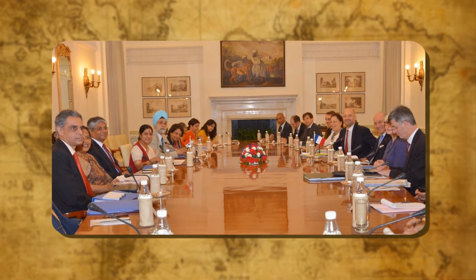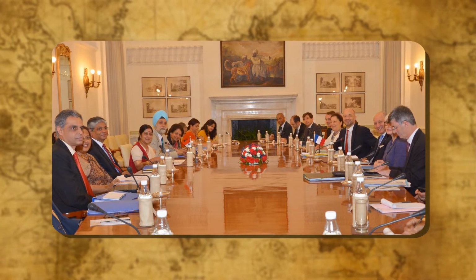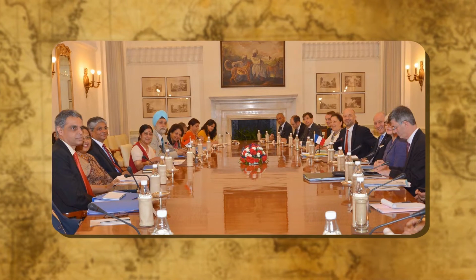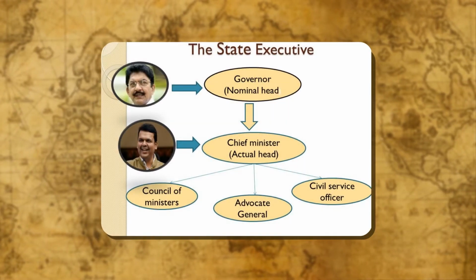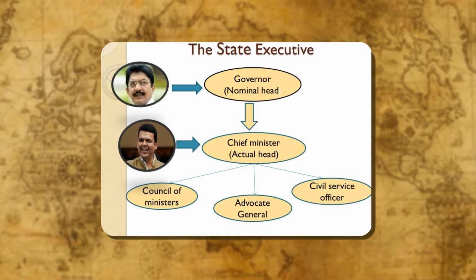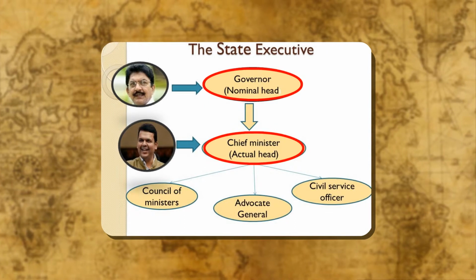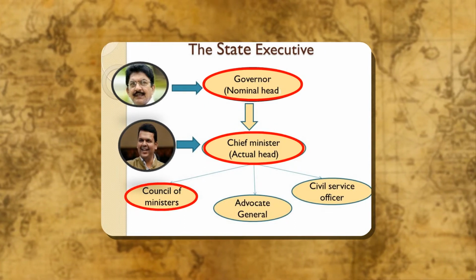A uniform administrative setup has been established for the unity and integrity of the country in each state and the Union Territory. State Secretariat. Each state has its own legislature. The head of the state is the Governor. The political head of the state is the Chief Minister. The Chief Minister is the head of the Council of Ministers.